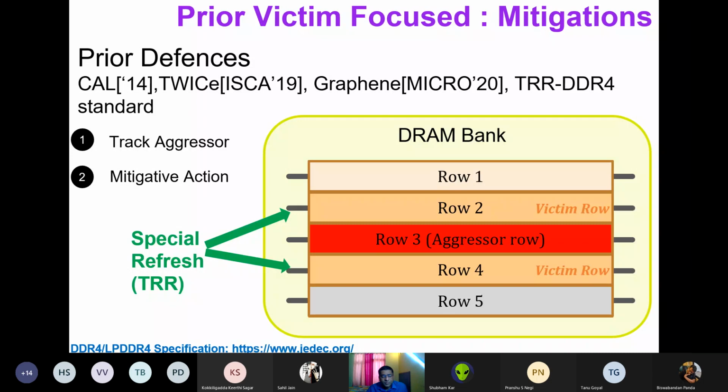But when this particular row hammer attack was found, in DDR4 one command was defined, called target row refresh. So basically you can refresh at the granularity of a row. With that refresh mechanism, they are refreshing row 2 and row 4. And this is the most used conventional mechanism to mitigate the attack.